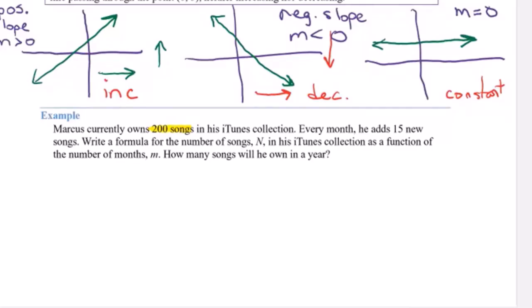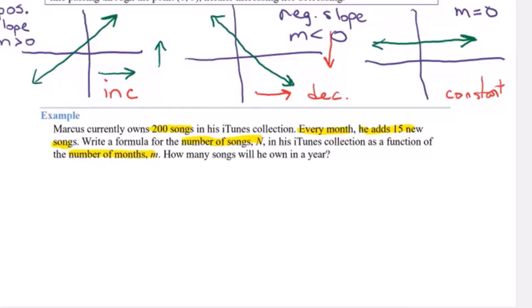Every month he adds 15 new songs. And we want to write a formula for the number of songs. And we're calling the number of songs N in his iTunes collection as a function of the number of months, which we're calling M.